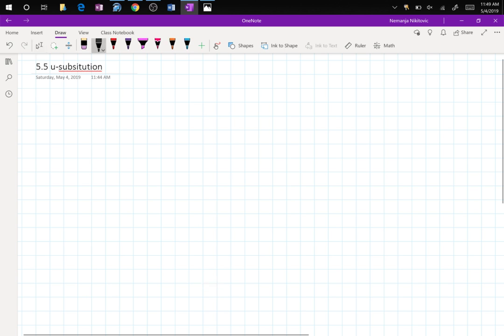You are familiar that the integral of x squared dx is x cubed over 3 plus c. You're familiar with that.